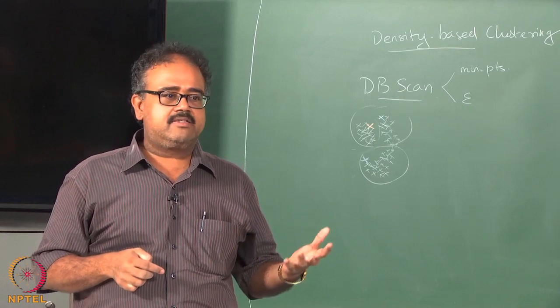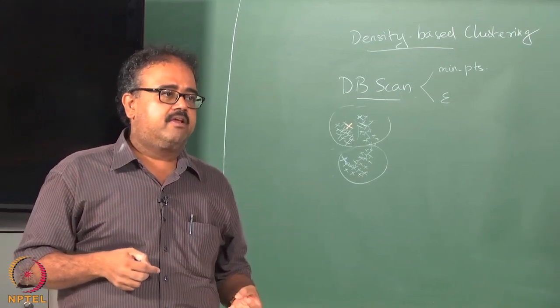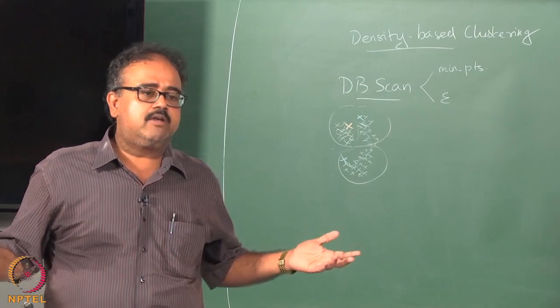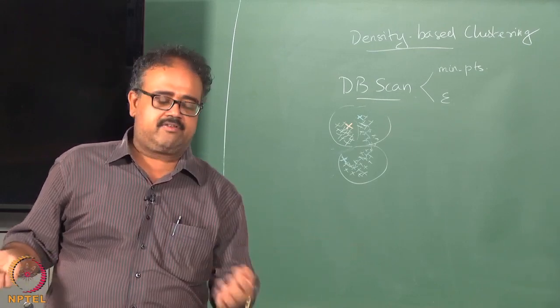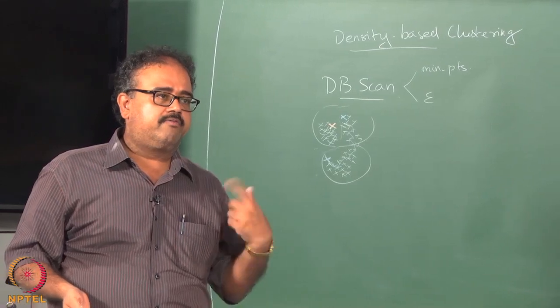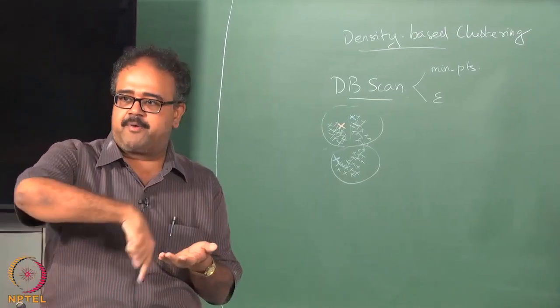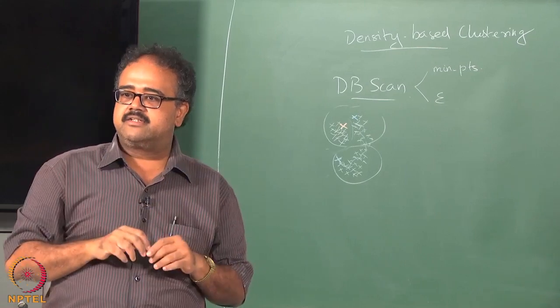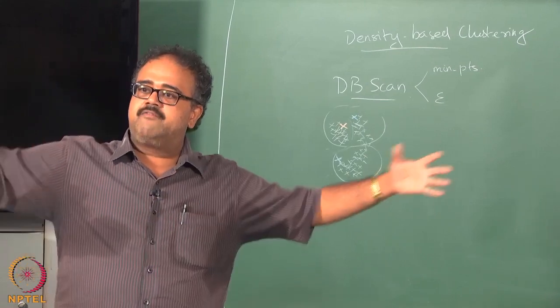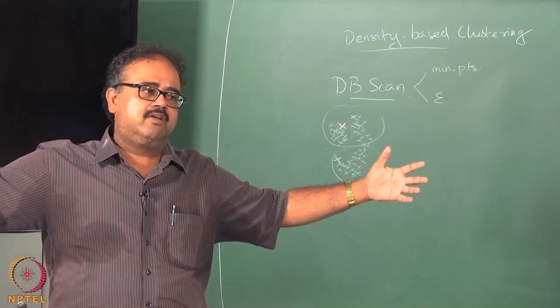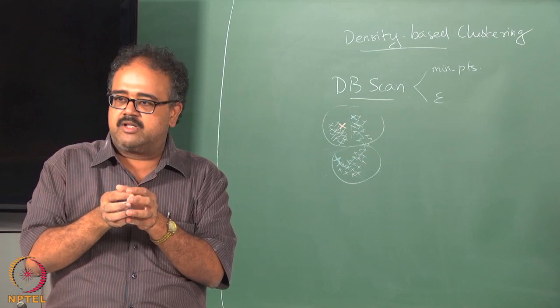So min points says, if you have 5 points, then you are in a dense neighborhood. But where do I count these 5 points? In a radius of epsilon around me. If you find 5 points, then you are in a dense region. If you make epsilon very large, then it might encompass my entire input space, then everybody will be dense, so it does not make sense. The epsilon has to be small.